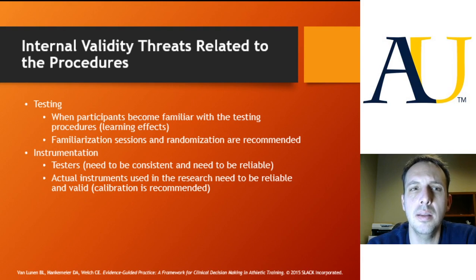This needs to be detailed enough that we have a high understanding of exactly what occurred, as well as the ability to reproduce those if needed in our own treatment approaches. That being said, we also have to make sure that the procedures as well as the instruments meet those reliability and validity assessments that we talked about previously.